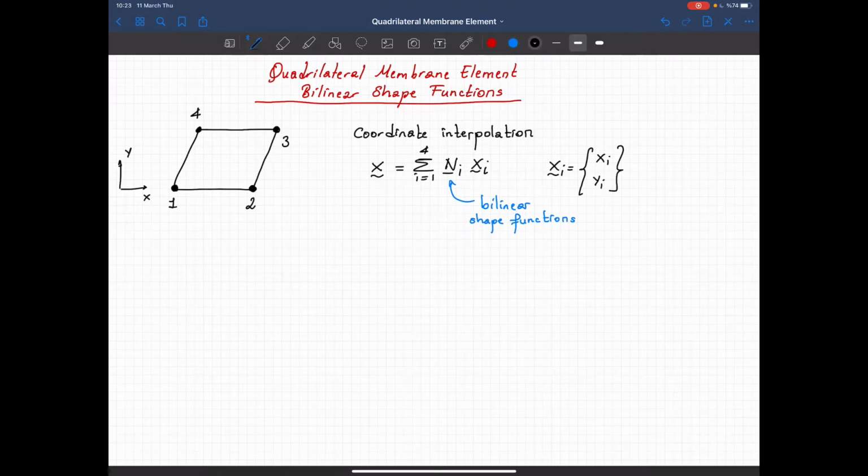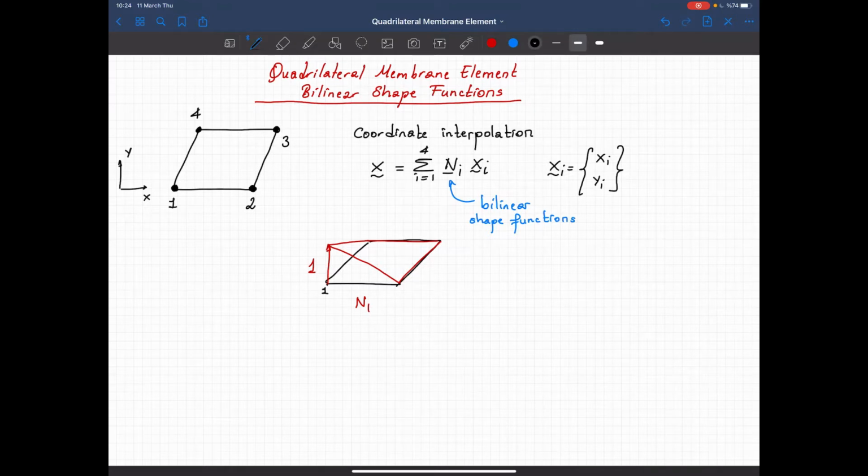So let me briefly draw them. This is our domain. And these functions, Ni is equal to 1 unit at node i and 0 elsewhere, and the variation is all linear. So that's the shape of N1. Remember that.